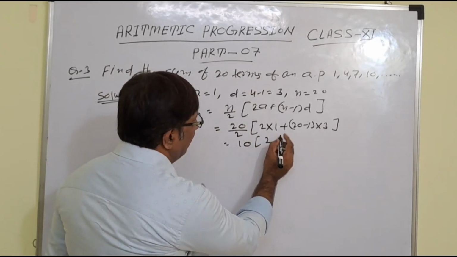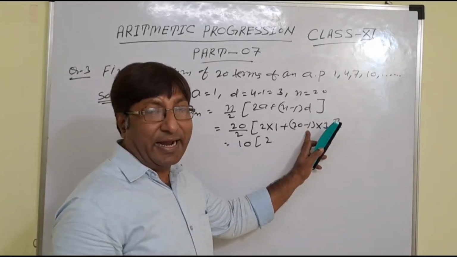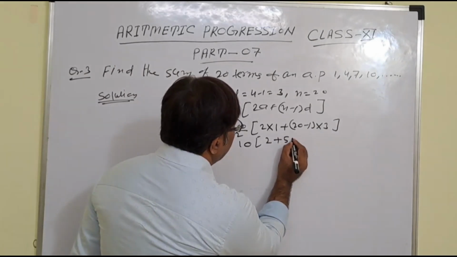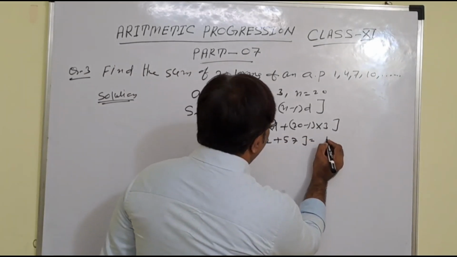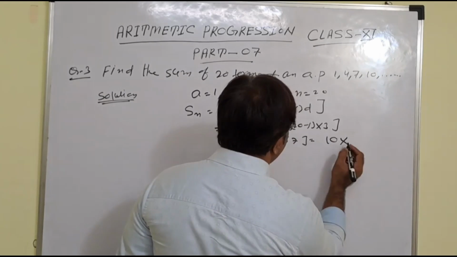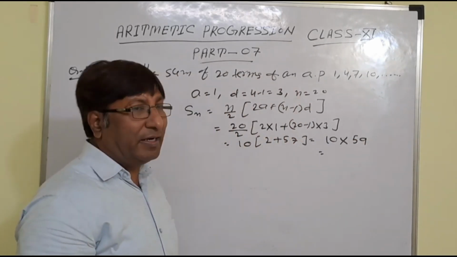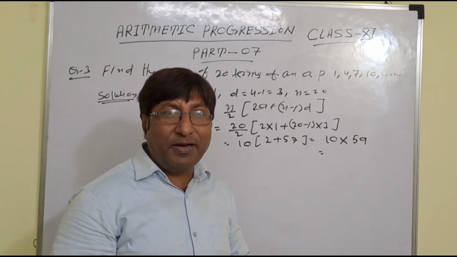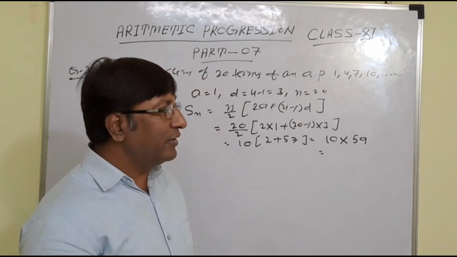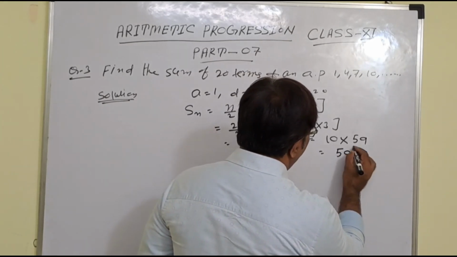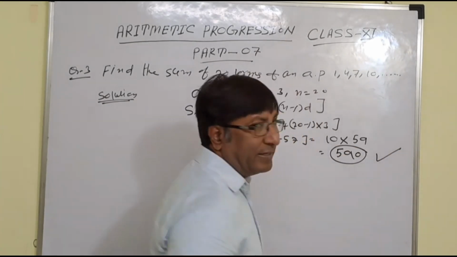Here 2 ones are 2, 20 minus 1 is 19, and 19 into 3 is 57. Now 10 multiplied by 57 plus 2, which is 59. So 59 multiplied by 10 is very simple: write 59 and put one 0 after it. You will get 590. So 590 is our correct answer.